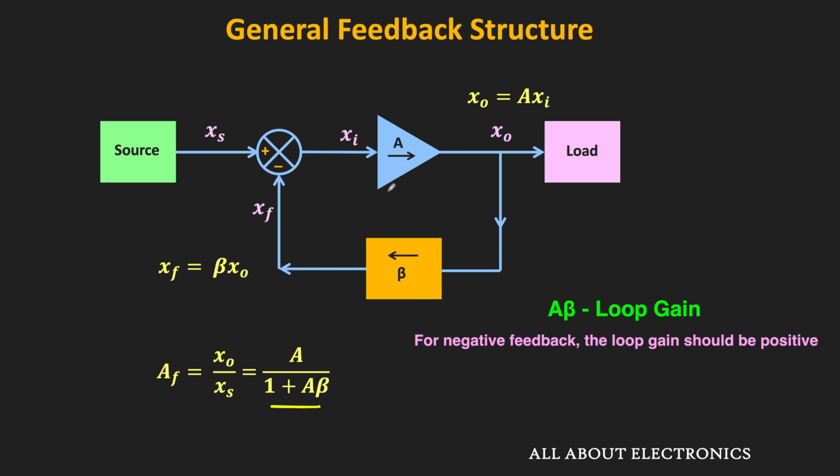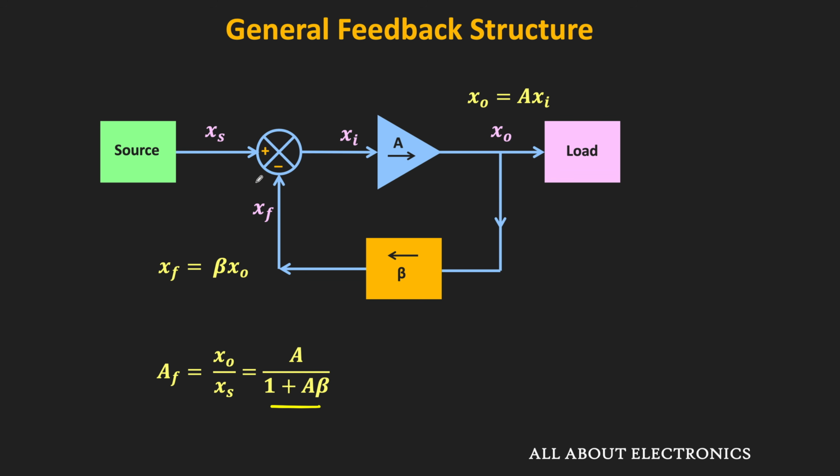That means the feedback signal Xf and the source signal have the same sign, so whenever they are subtracted, the difference signal will be smaller than Xs. That is why, because of the negative feedback, the closed loop gain AF is smaller than the open loop gain, by the factor of 1 plus A beta. This 1 plus A beta is known as the amount of feedback in the feedback circuit.